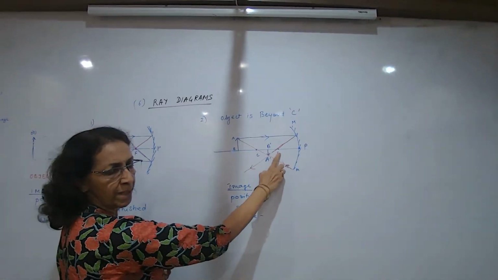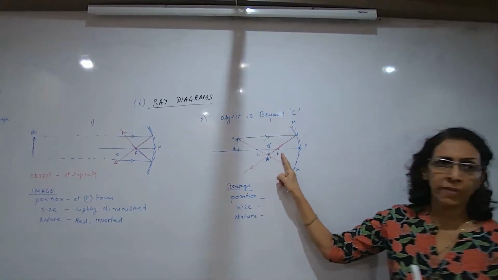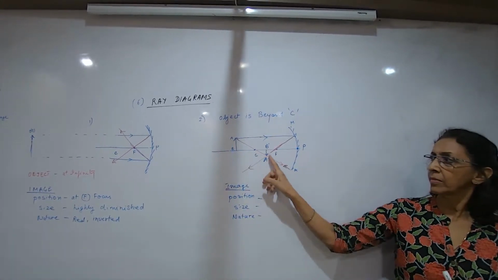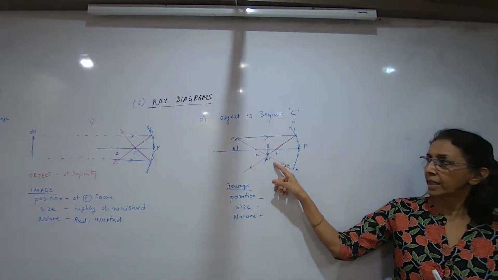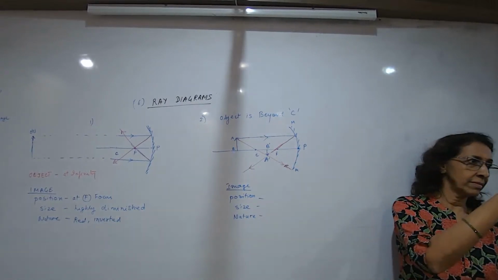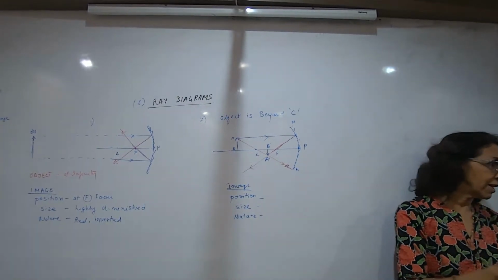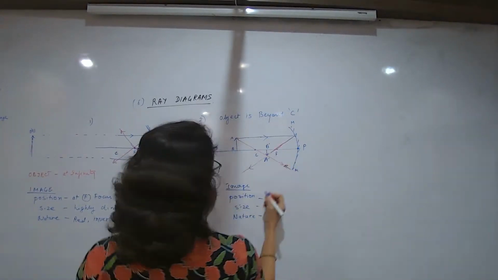Between C and F. Everybody look here. Position is between C and F. Size, is it bigger or smaller? It's smaller, isn't it? It's smaller than that of the object. Nature, real. It is real. Whenever it is real, it has to be inverted.